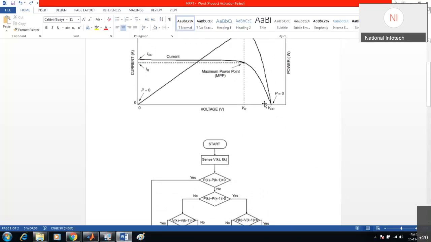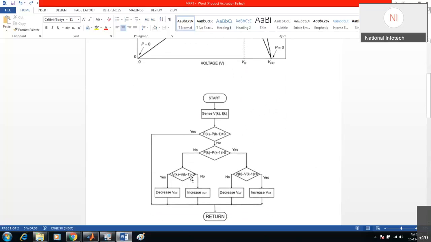The voltage difference means delta V, what it is suggesting is that voltage is this point and voltage is this previous point, so the difference will be greater than 0. Okay, so when the difference is greater than 0, you have to decrease the voltage. Yes, sir. And if it is not the case, then it will say that you increase the voltage.